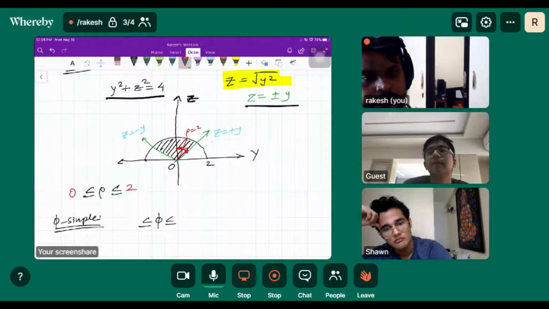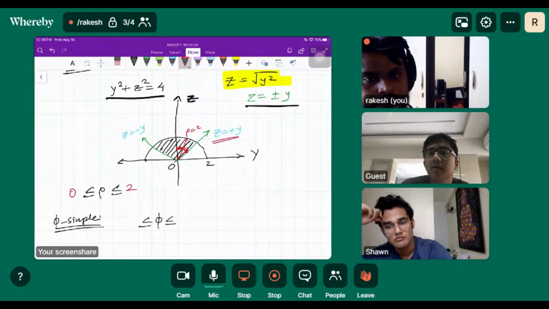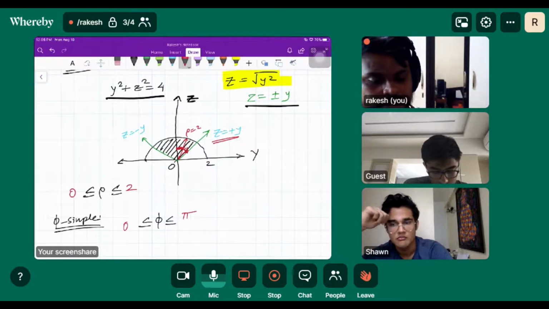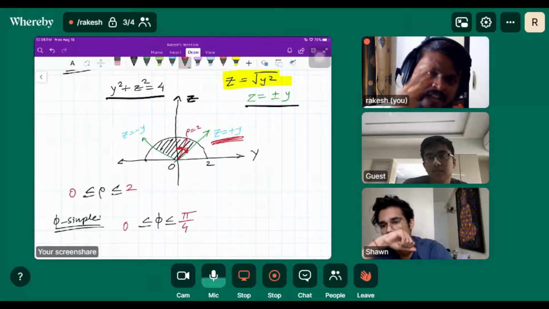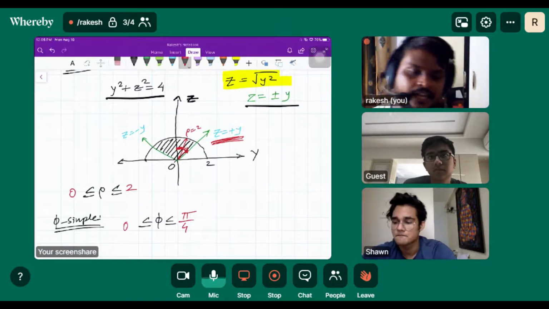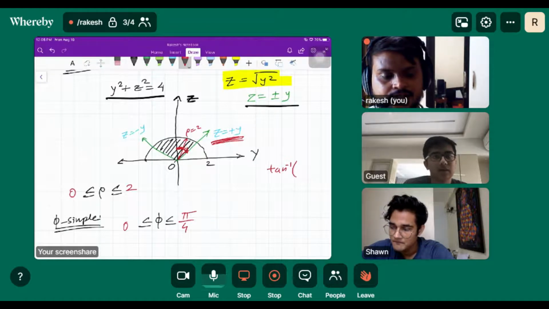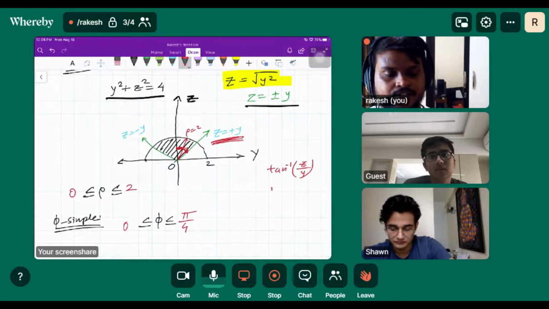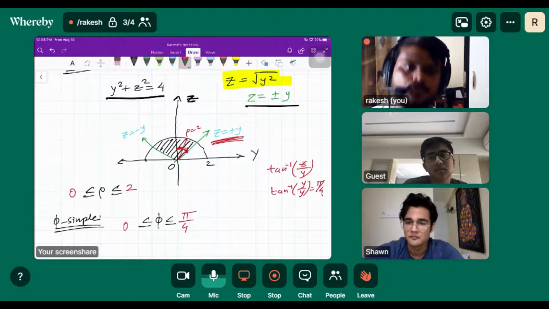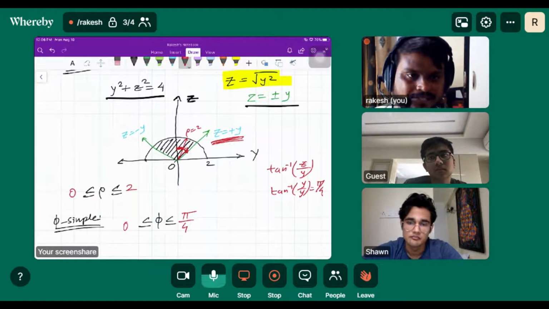Pi by 4. Pi by 4, no? That's going from 0 to pi by 4. See, because z is equal to y behaves like y is equal to x. Do you remember that? And the angle is tan inverse z over y, and z is equal to plus y, so tan inverse y upon y, which is pi by 4. So 0 to pi by 4. Make sense?